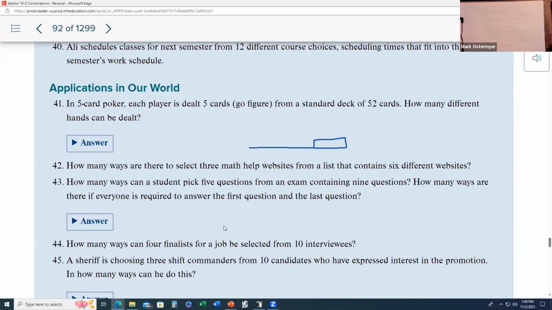All right, let's try number 43. This will be classwork number 2, 43. Go ahead and read that, think about it. See if you can answer the question here.